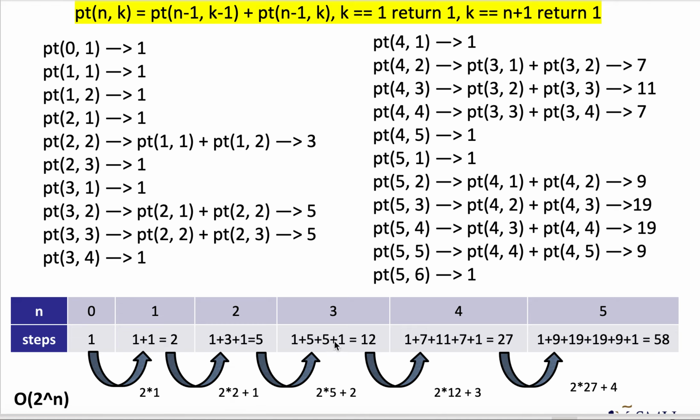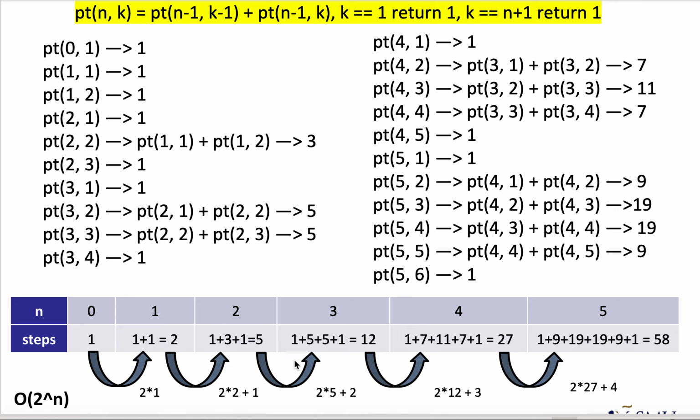This is 12, which is the previous number of steps twice plus 2, and then 27. So the number of steps always increases by 2 times. If you increase n by 1, you double, slightly more than double, the number of steps that are taken, right? So from 1 to 2, it doubles exactly, then from 2 to 5, 5 to 12, 12 to 27.